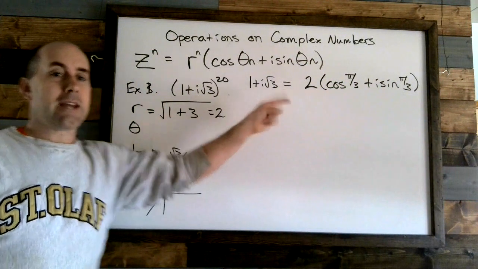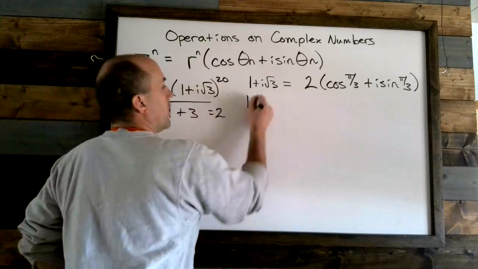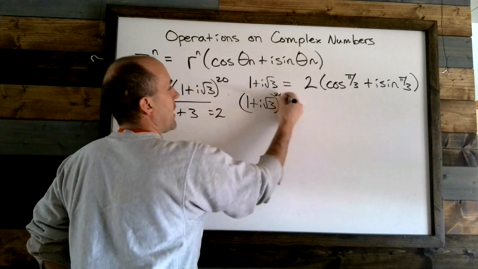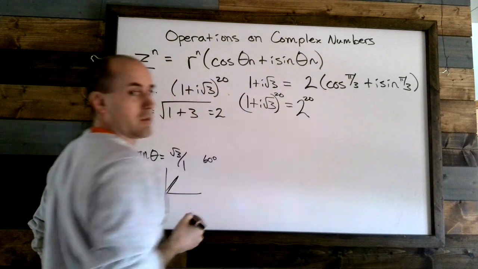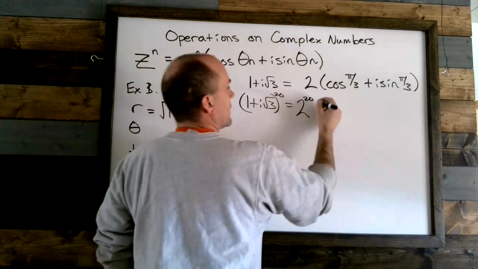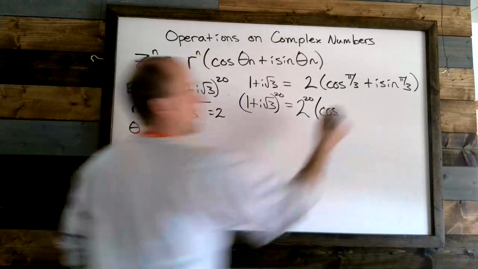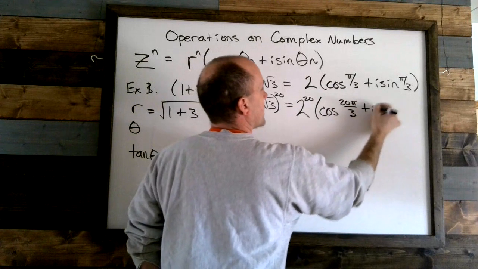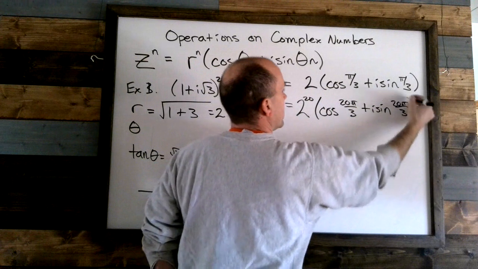Now I'm going to take that and raise it to the 20th power. So 1 plus i root 3 raised to the 20th power is 2 to the 20th times cosine of, I multiply these by 20, so 20 pi over 3 plus i sine of 20 pi over 3.